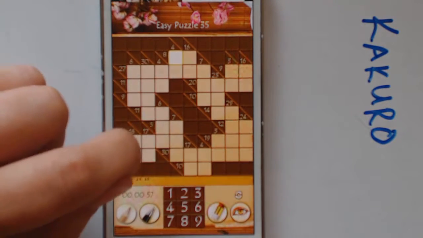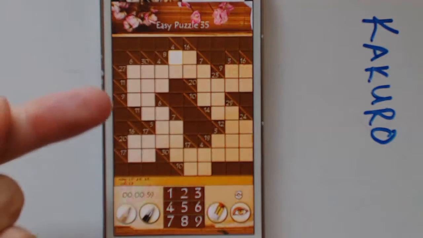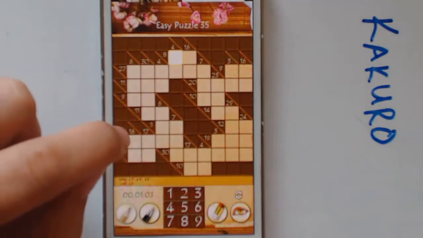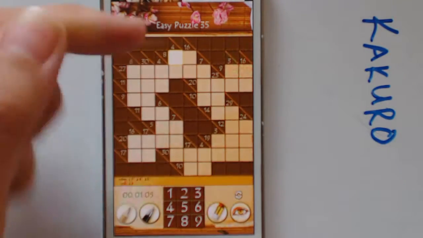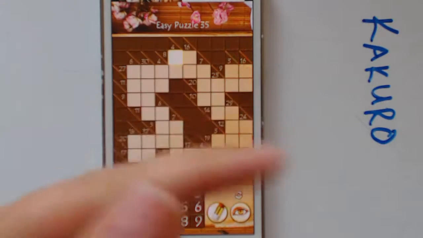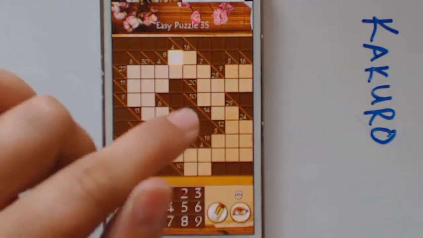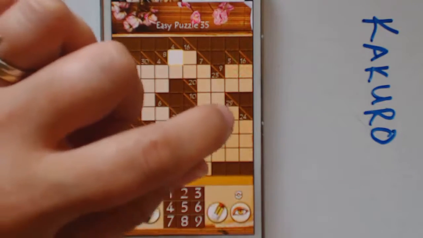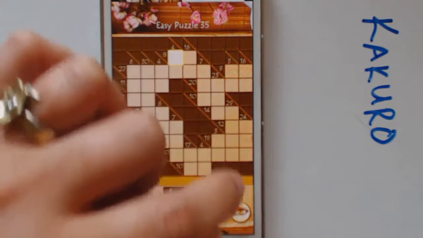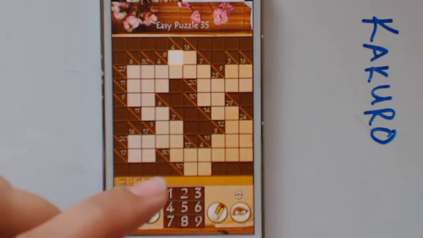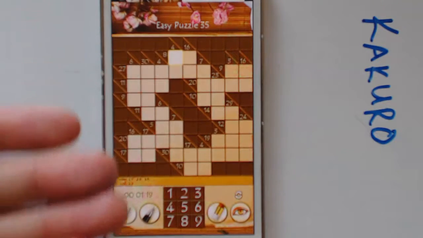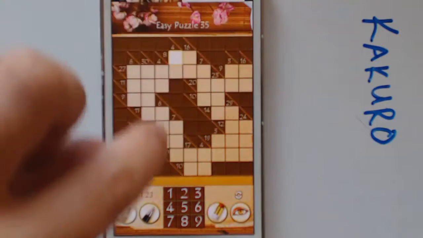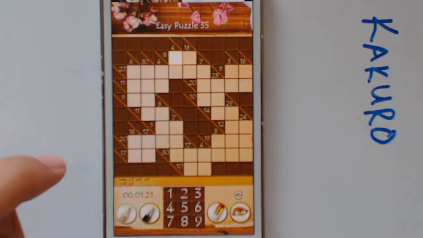The bottom numbers are for columns and the top numbers are for rows. So if I'm wondering, the 10 is the top one, so this is for the row, and the 29 is for this column there. Usually the row numbers stand on the left-hand side and the column numbers stand on top.